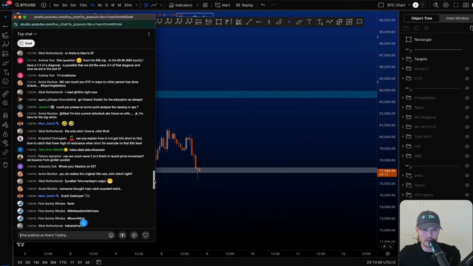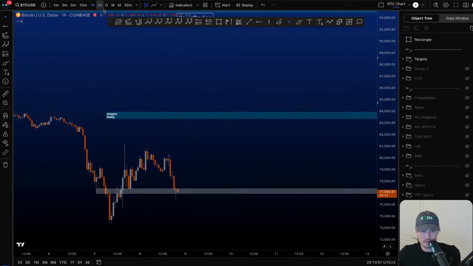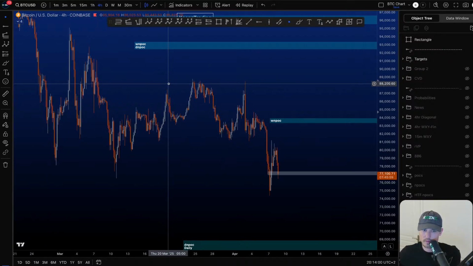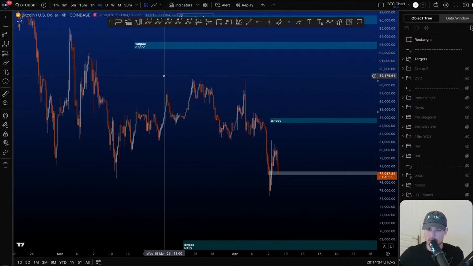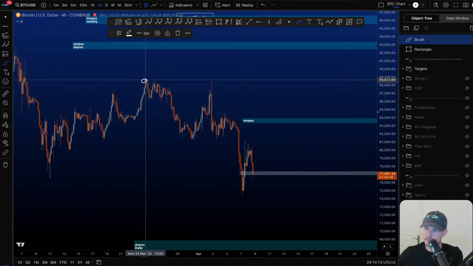One question. From the 89k top to the 88.8k, I have a 1-2 of a diagonal. It's possible that we did the 3-4 of that diagonal. Interesting question. So from the 89k top, I would assume you mean 88.8, this one here.